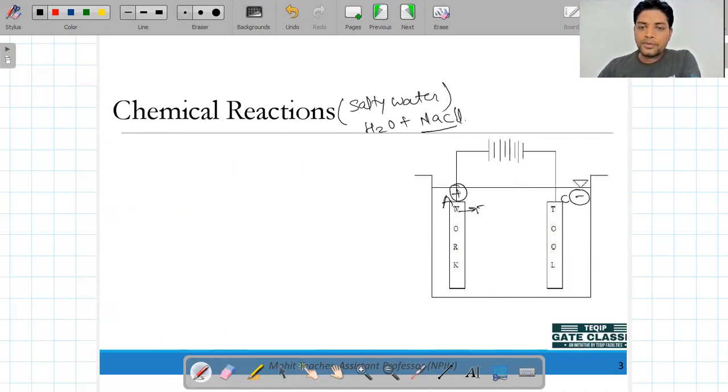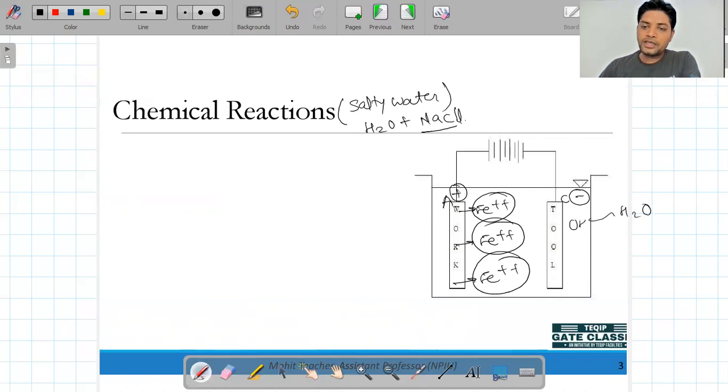It releases the positive Fe++ ions. H2O is there, so obviously it releases the negative OH- ions. Not only H2O, but NaCl is also there, so that will also release Na+ ions and Cl- ions.